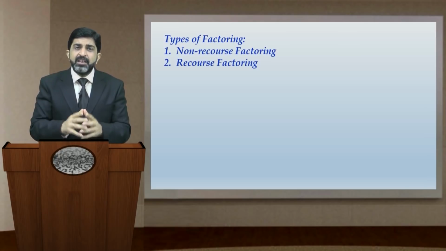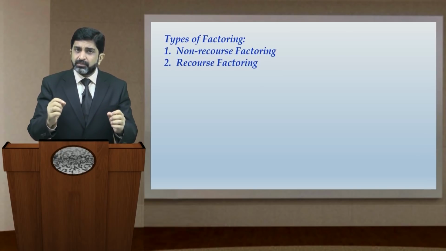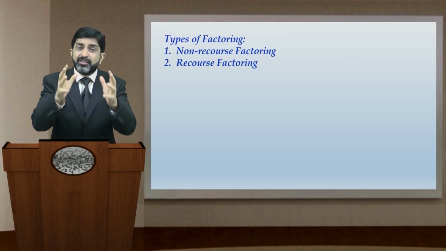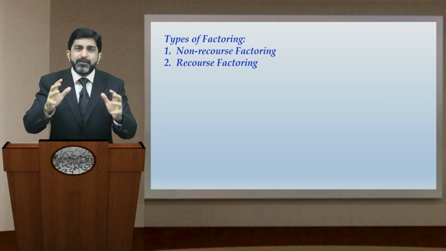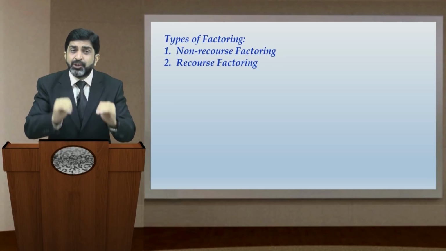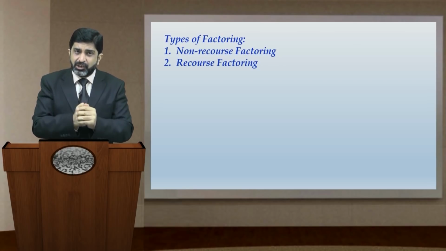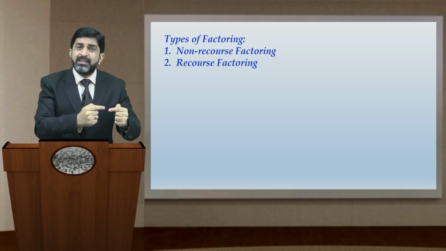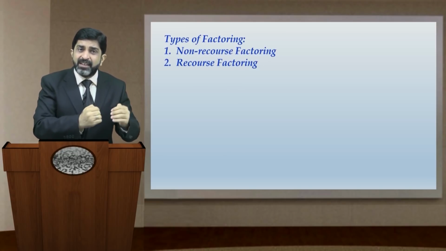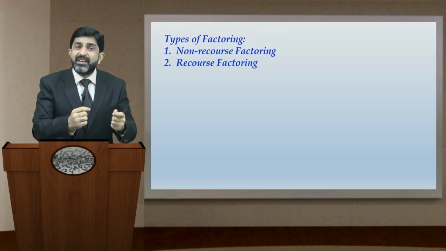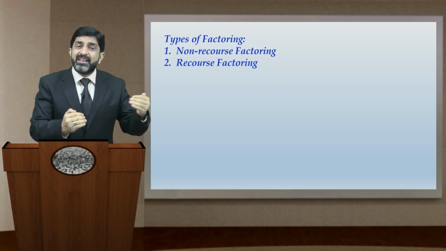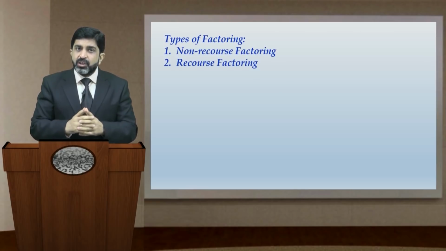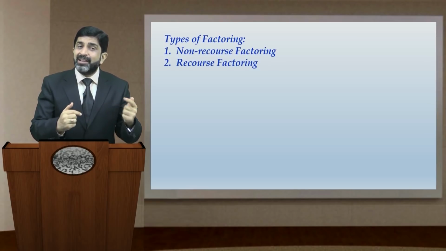Now what happens in a recourse factoring? The moment the factor is not given the responsibility of bad debts, the factor might become a little casual in terms of making collection, and therefore, whatever level of bad debts would have arisen, there may be chances that the bad debt volume increases further. Therefore, the arrangement can be made a little differently.